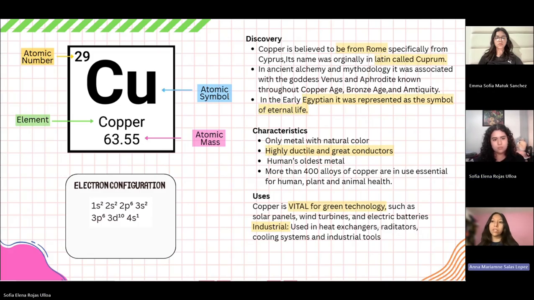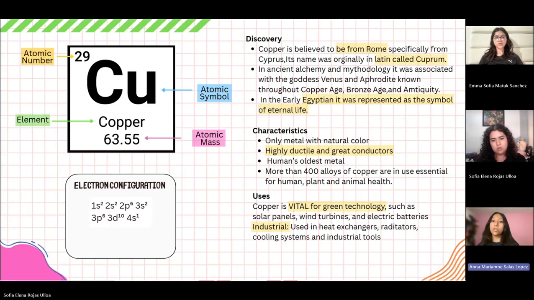One of its characteristics is that it is the only metal with a natural color, it is highly ductile, and it is a great conductor. It is also, surprisingly, humanity's oldest metal. Since it is so well known, more than 400 alloys of copper are in use, and they are also essential for human, plant, and animal health.